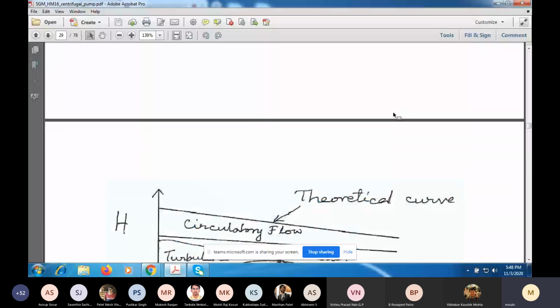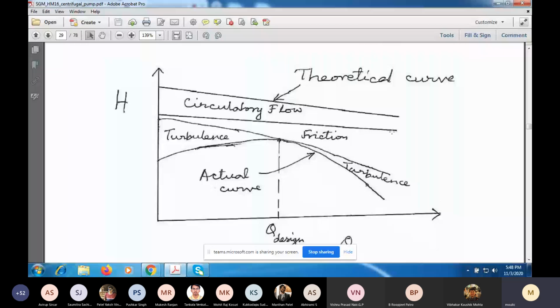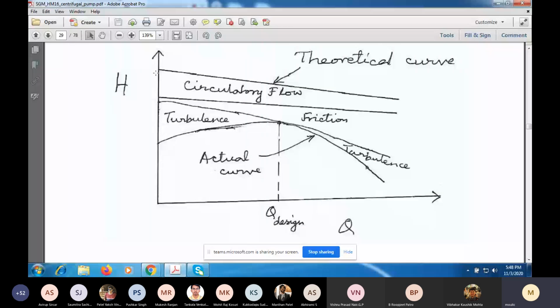So now if you look at the theoretical curve, if it's a backward curved blade, it will go down like this. Because of the circulatory flow, the actual head will be less. Because of friction, it will tend to go down like this. And if you look at the shock loss, if Q is the Q design, there is no shock loss.